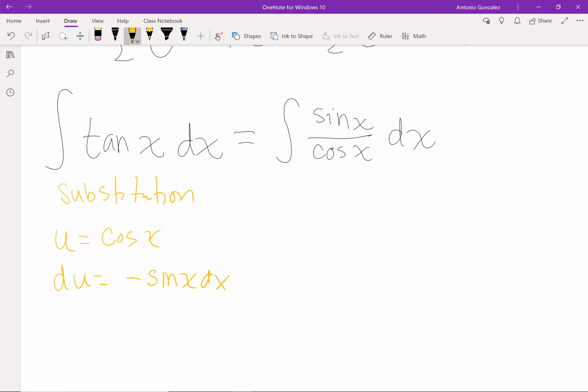Now there's no negative in there, so let me multiply both sides by negative. And we get this. Now I have everything to substitute here. So sine x dx gets replaced by negative du. And cosine, remember, is in the denominator, so 1 over u.